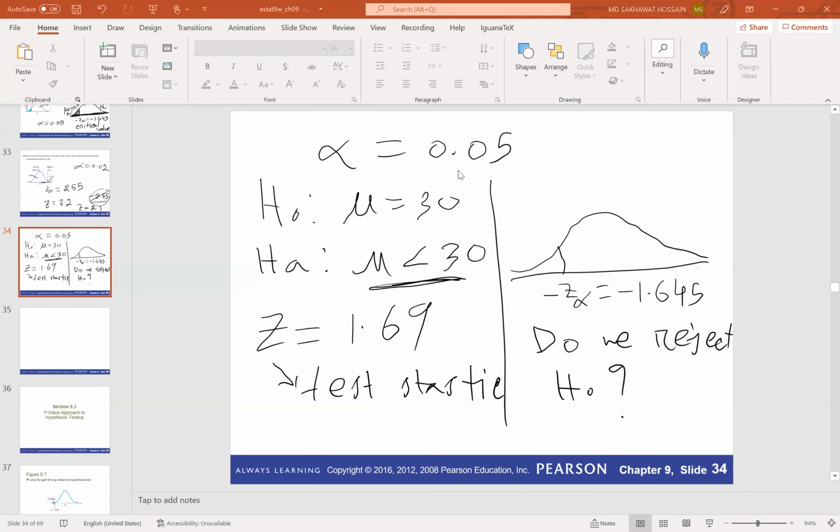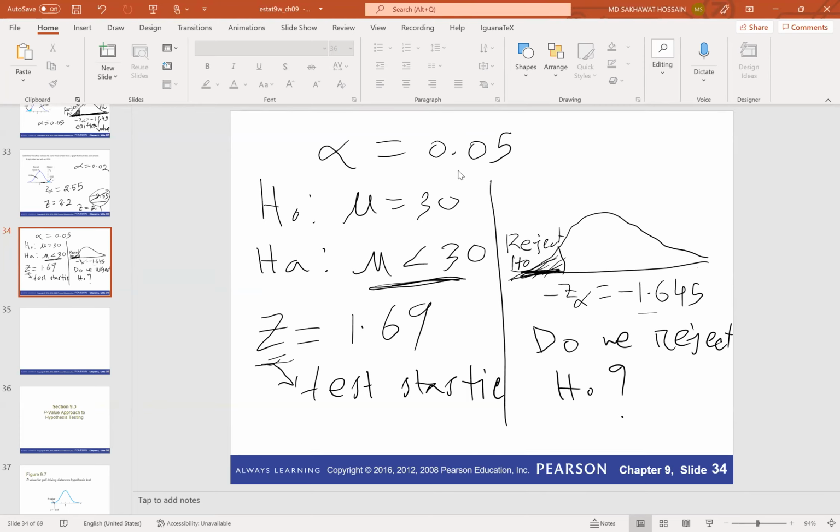Okay, so what is the rejection region here? This is the left tail test, right? So that means this region is the rejection region. We will reject null if the test statistic is somewhere here. What does it mean by the test statistic being somewhere here? That means the value of z is less than negative 1.645, right?